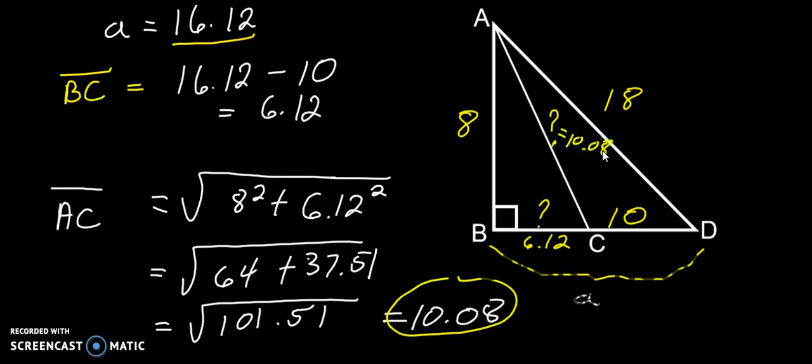So here we have to find the two measures. First we found the big side, and we subtract the 10. We got this little side is 6.12. Then we use these two sides of the right triangle to find the hypotenuse. That's a great example. You can start it over from scratch and see if you can do it.